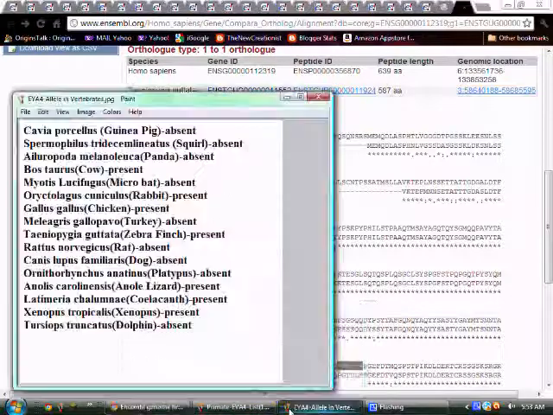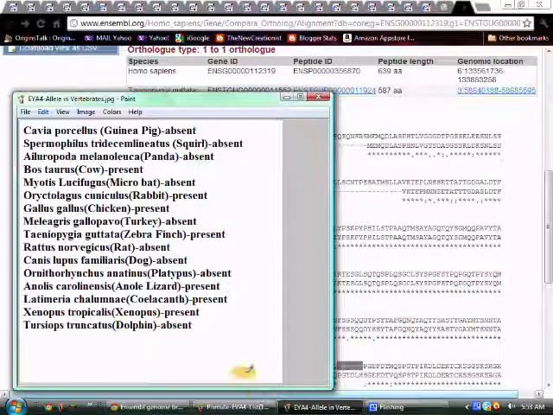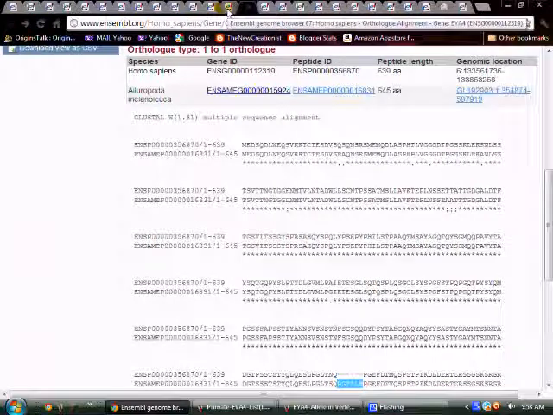Alright, so now we've looked at both the primate line and the other species. Kind of a good mix in there. I had a lizard, a few birds. And what I've done here is I've made a list of the non-primate species.